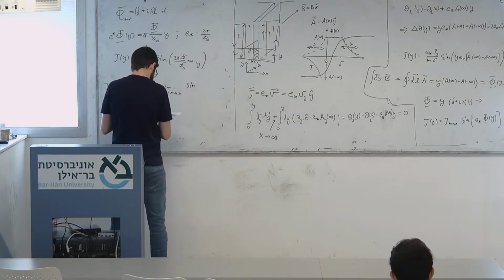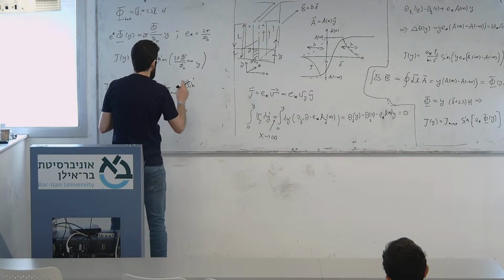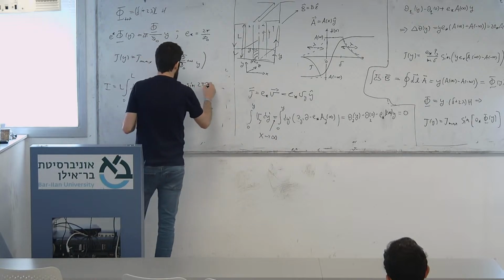One moment. So probably I made a mistake somewhere. Okay, never mind. Let's just write 2 pi phi over phi naught divided by 2 pi phi over phi naught.